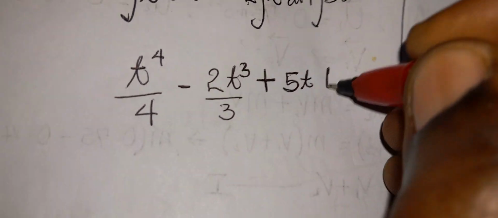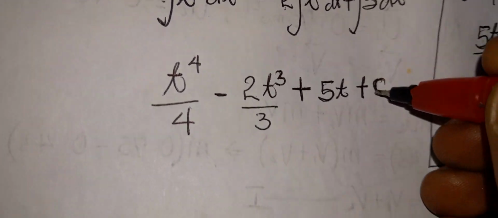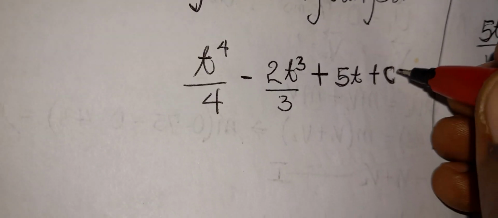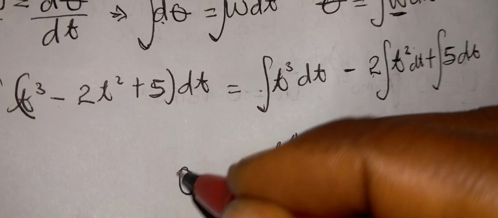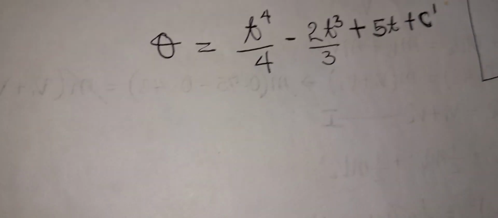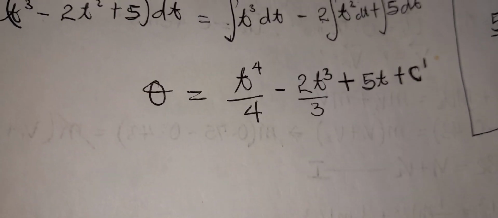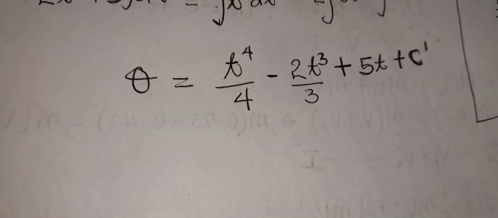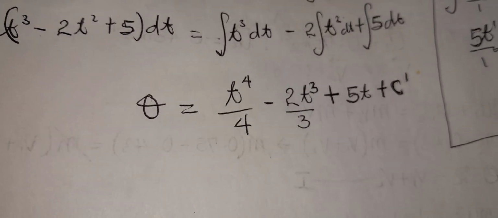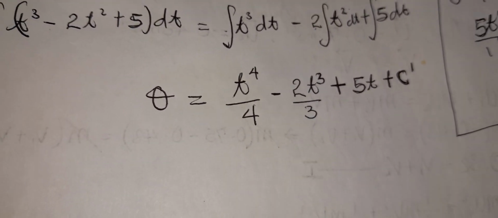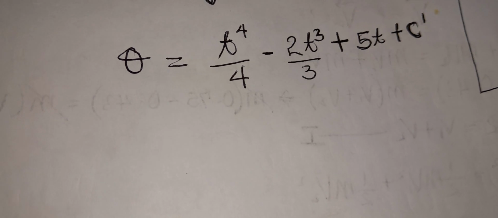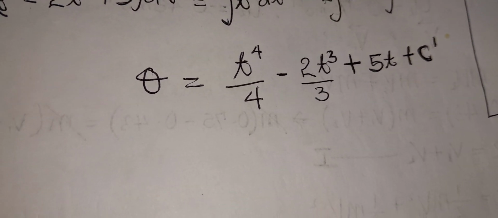Let's not forget to put our constant c. Let me use c prime to differentiate it. Everything here is the angular position. But we can't just have c. We need a value for that c. So we go back to the question and get certain information.